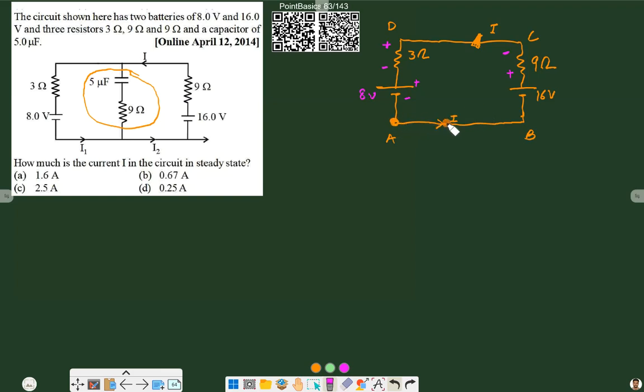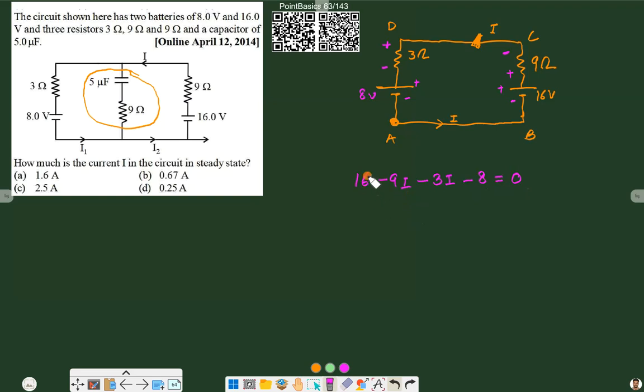Starting from point A, first we get a battery going negative to positive, so plus 16, then a resistance positive to negative, so minus 9I, then again a resistance positive to negative, so minus 3I, then a battery positive to negative, meaning minus 8, then we are back at point A, so equal to 0.